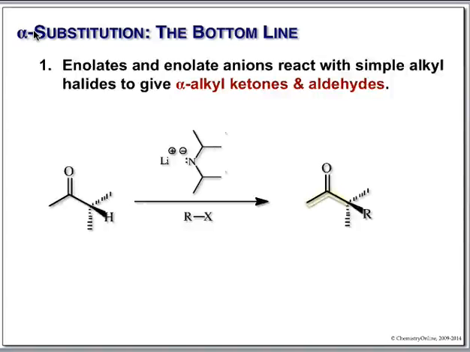All we're doing is introducing an alkyl group on the alpha carbon. Aldehydes and ketones, we can form the enolate just with acid or base. But with esters and nitriles, we need something bigger. LDA works nicely. Get the enolate here, add RX. Here's our compound we started with. All we do is stick on the alkyl group.